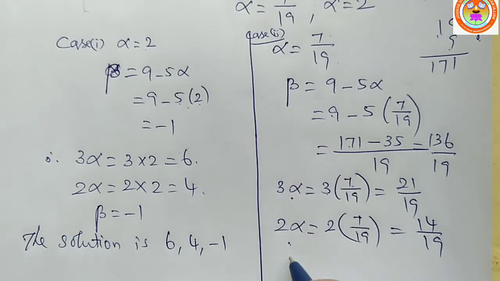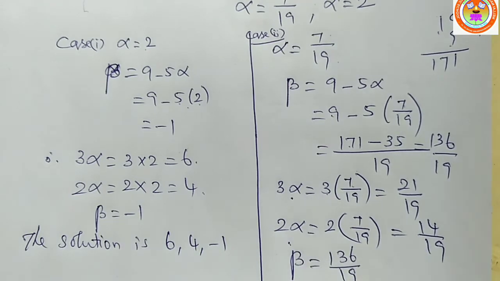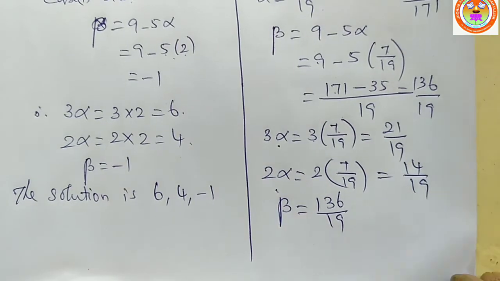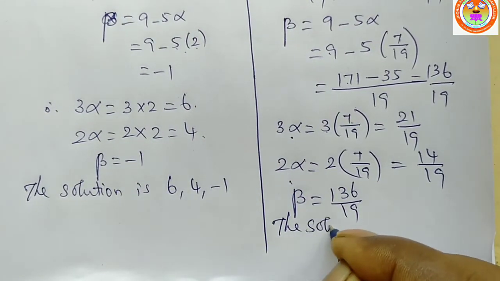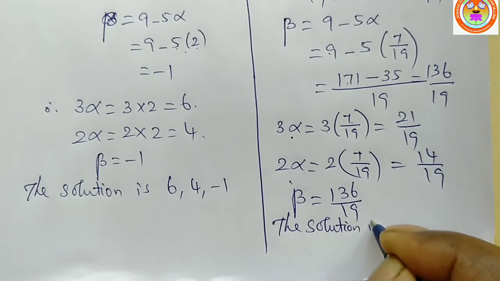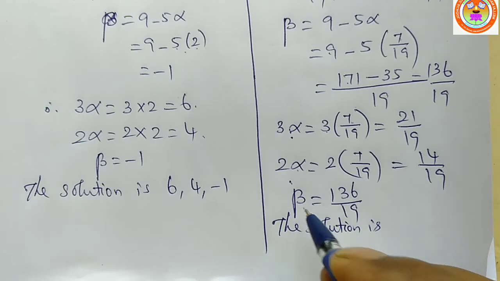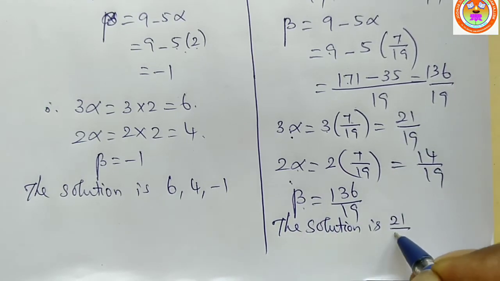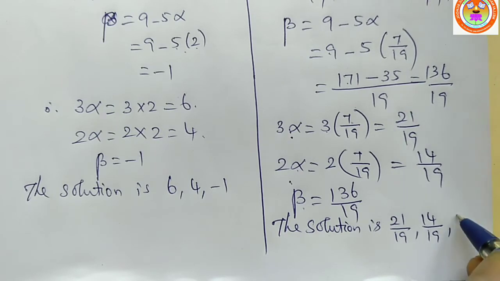So beta value is 136 by 19. Therefore, the solution is 3 alpha, 2 alpha and beta. So 21 by 19, 14 by 19 and 136 by 19.